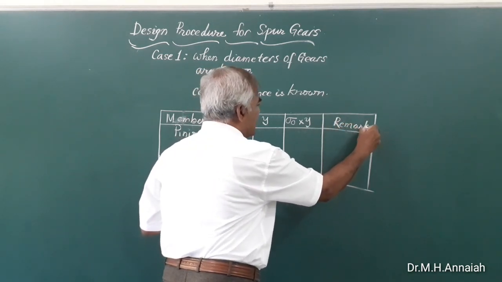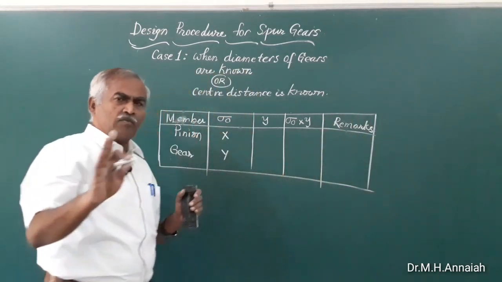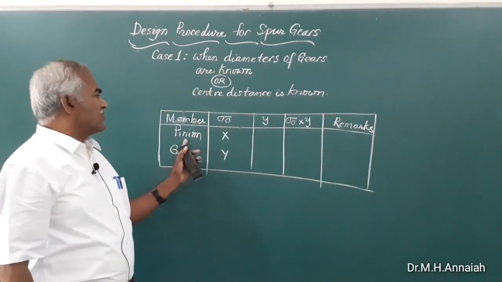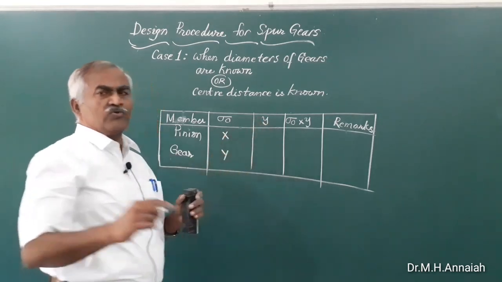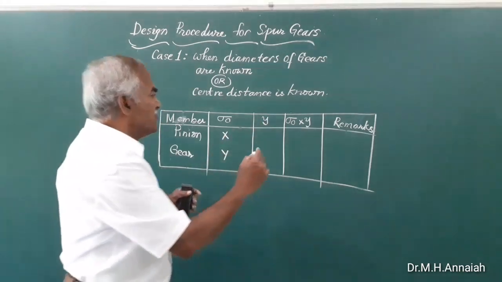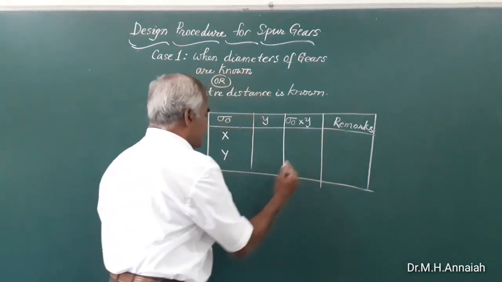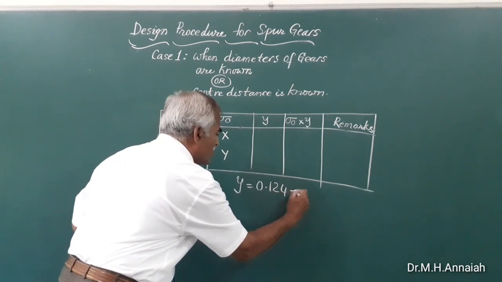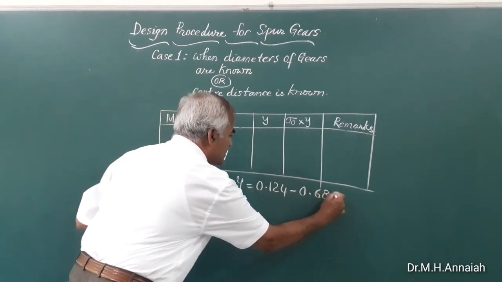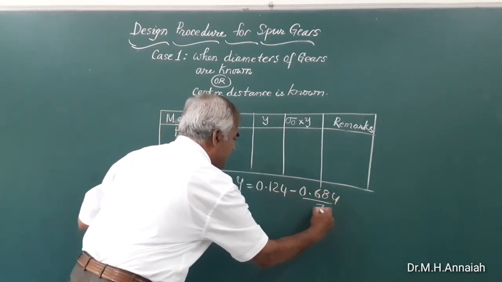Friends, remember, again this is going to be a common step for all the gears. So, suppose the pinion has got a value x, and Y, I told you, is the Lewis form factor. It will have values like this: Y is equal to 0.124 minus 0.684 by z.